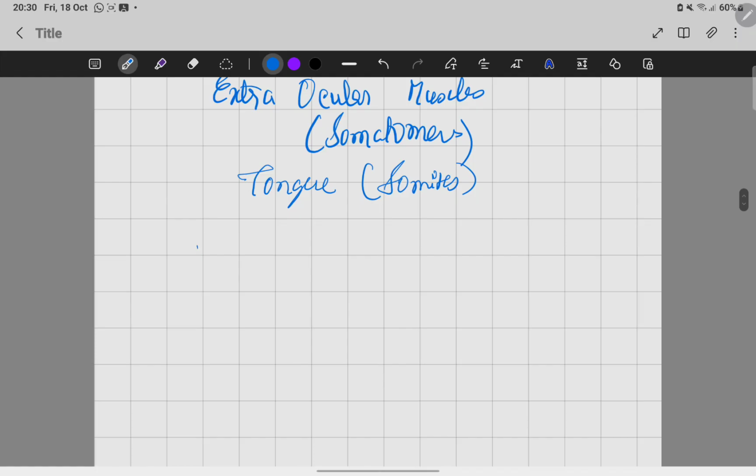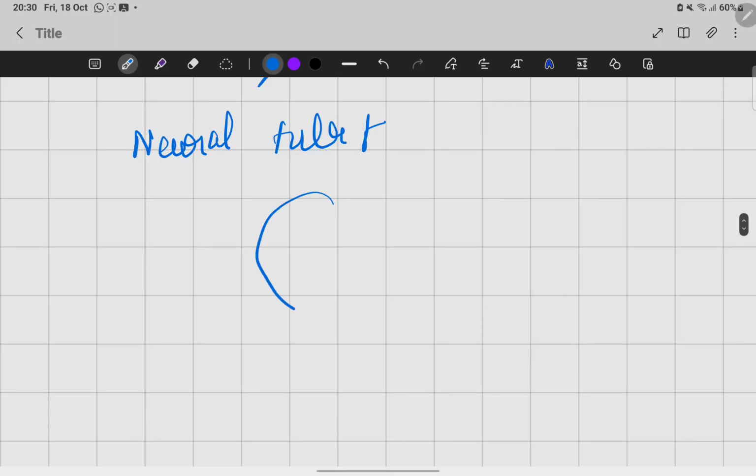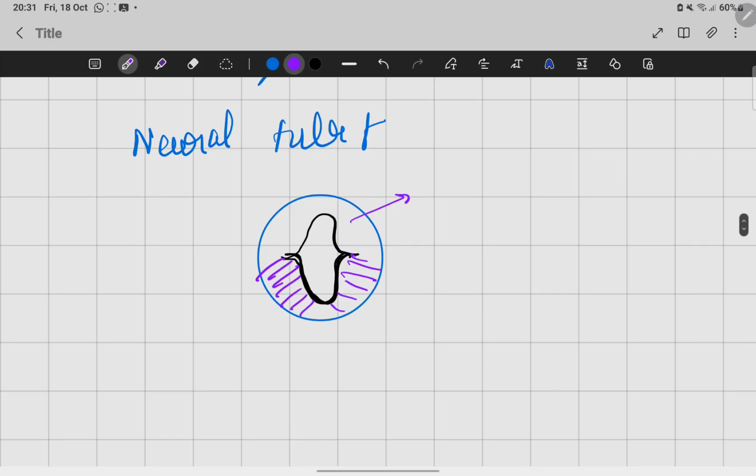Now let us see a diagram of the neural tube. It's a very important topic. This is how it looks. This is the diagram of the neural tube. This is the alar plate.